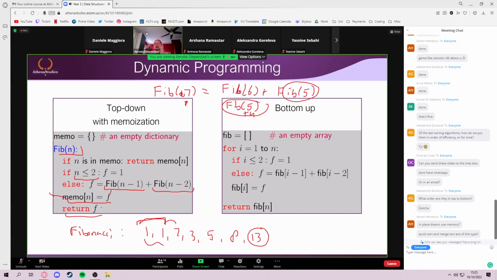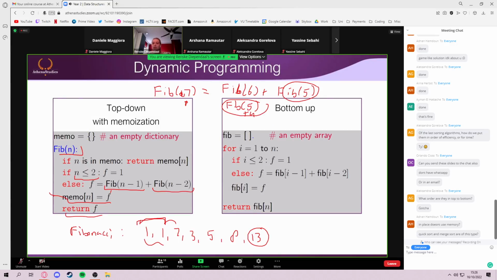So this one tries to calculate Fibonacci 7. It realizes, okay, I don't know the answer to this yet, so now I'll try to calculate 6 and 5. Okay, I don't know 6 yet, so now I'll try to calculate 5 and 4, etc., all the way down to Fibonacci 1 and 2, because it knows the answers to those. Once it knows those, you can reuse all the solutions that it calculated to eventually find the 7th digit.